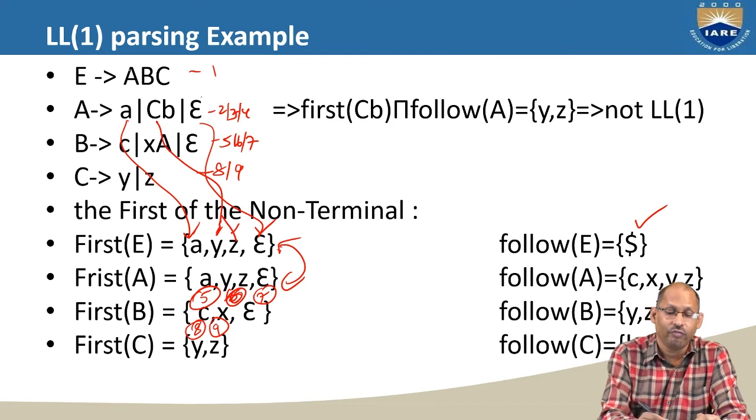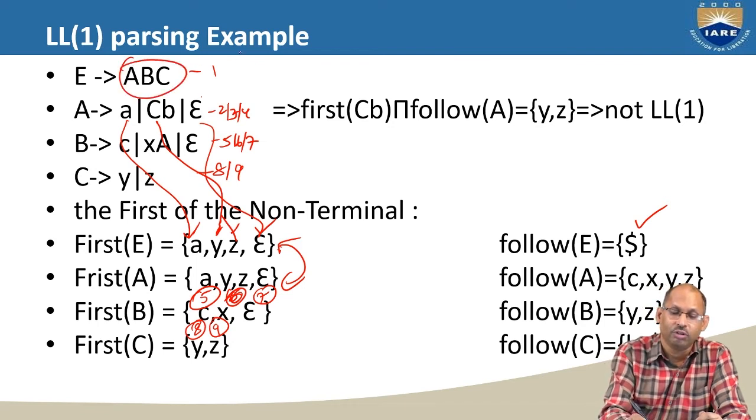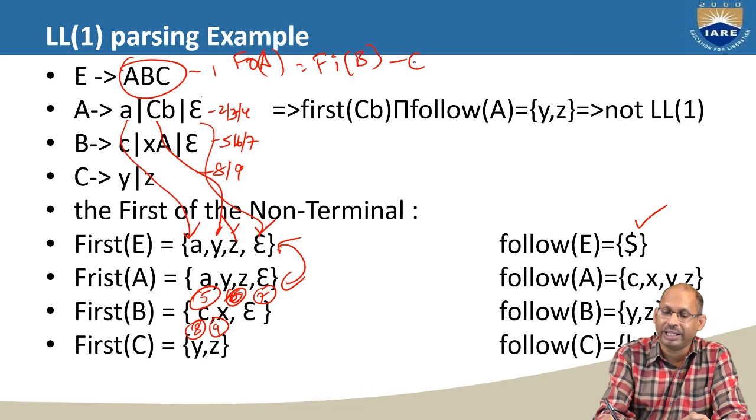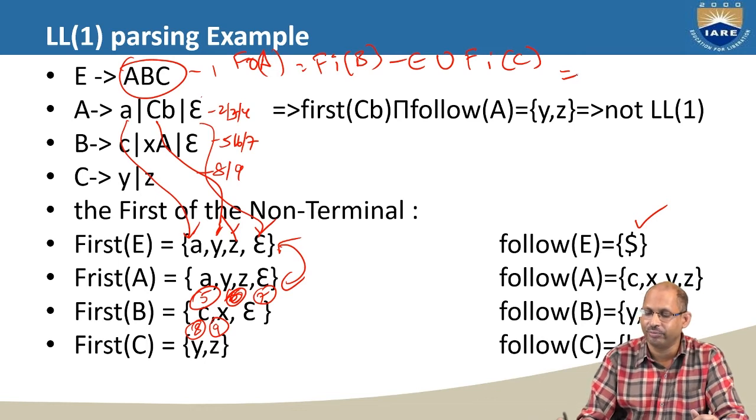Then, what is the follow of A? First of B. Since first of B has epsilon, first of B minus epsilon union with first of C. What is this resulting? CXYZ.